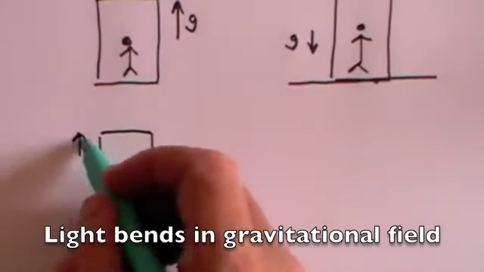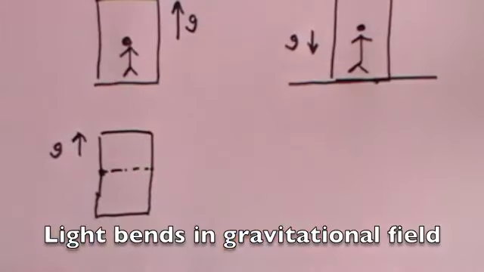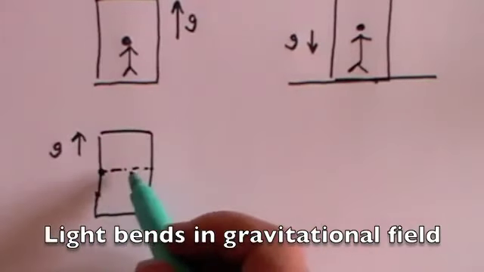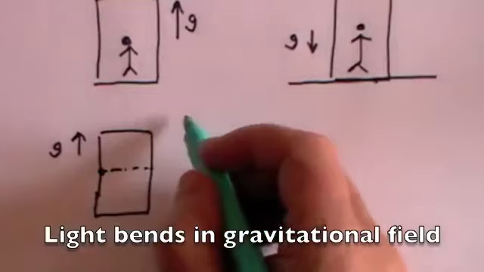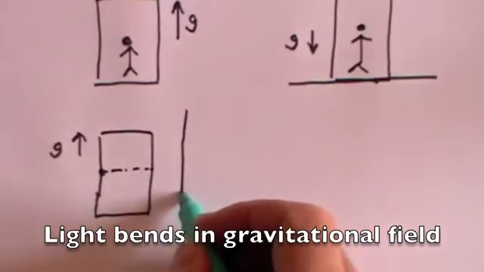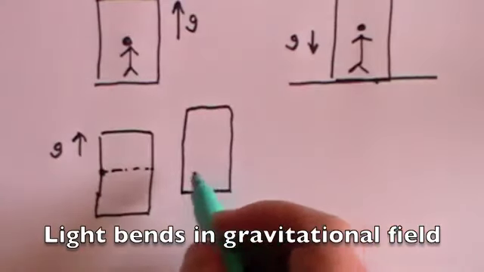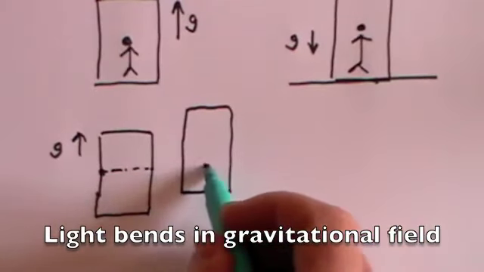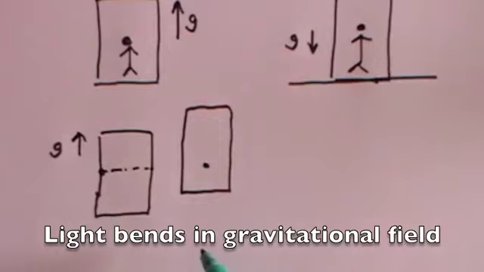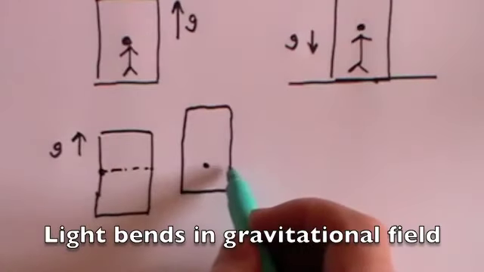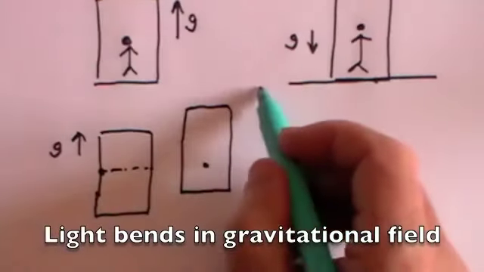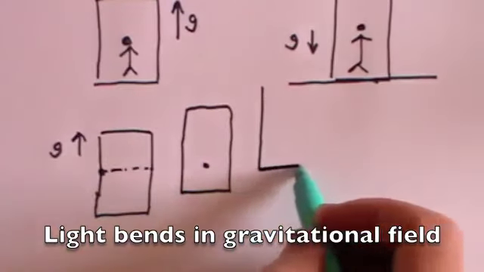And if this box is accelerating with an acceleration g, by the time the light gets halfway across, the box will have accelerated a little bit further forward. So it will now be here, which means the light will have reached that position there. By the time the light gets to the right-hand side, the box will of course have accelerated still further.